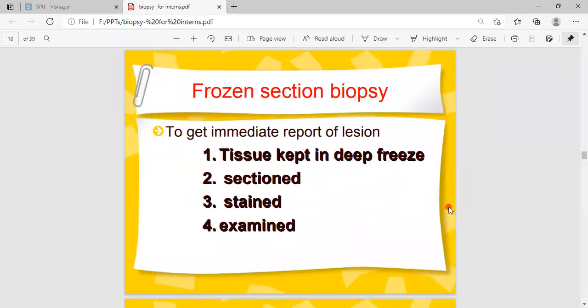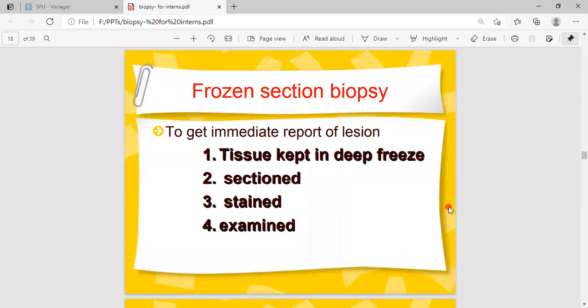This is a frozen section biopsy. So what happens when you are doing any surgery, even in cancer surgeries or benign lesions? We need to see whether we have removed all the positive or malignant lesions.